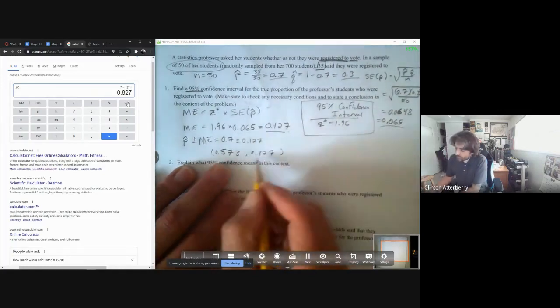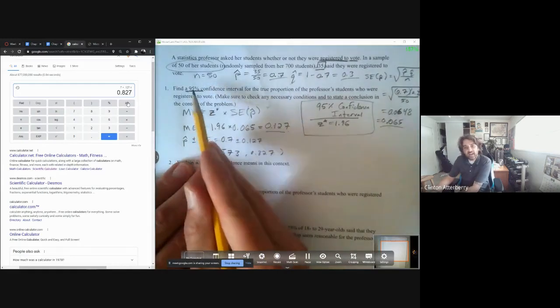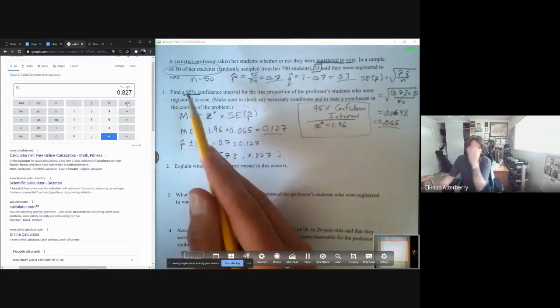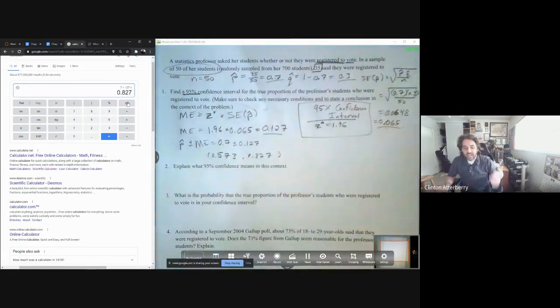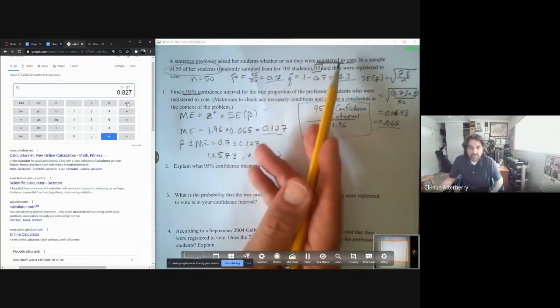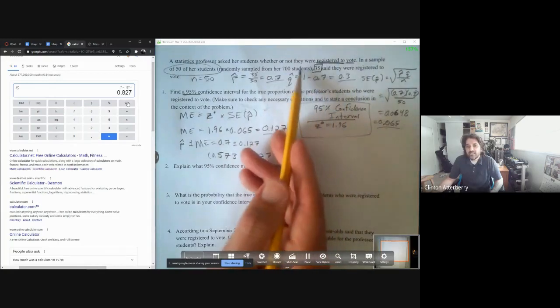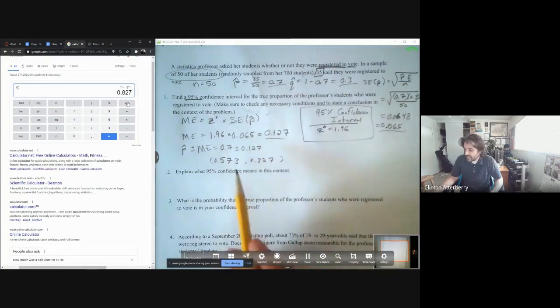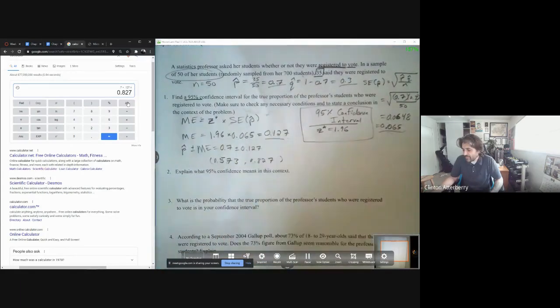Okay? So when they say 95% confidence interval, that says that we're 95% confident that the true percentage of registered students to vote out of her 700 is going to be between this number and that number. It might not be 70%.